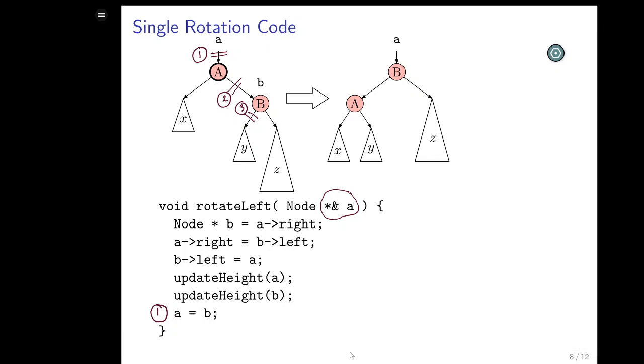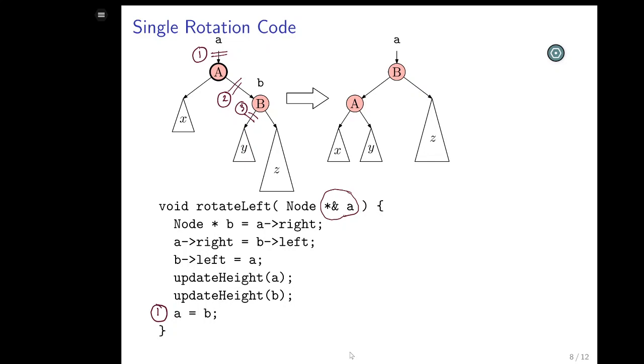The A is a reference parameter, and assigning it to B changes it to be pointing to the node B. Okay? What is the line that changes pointer number 2? Not too quick.